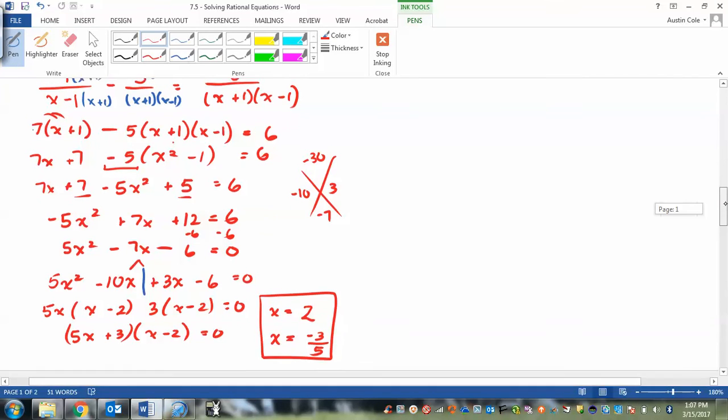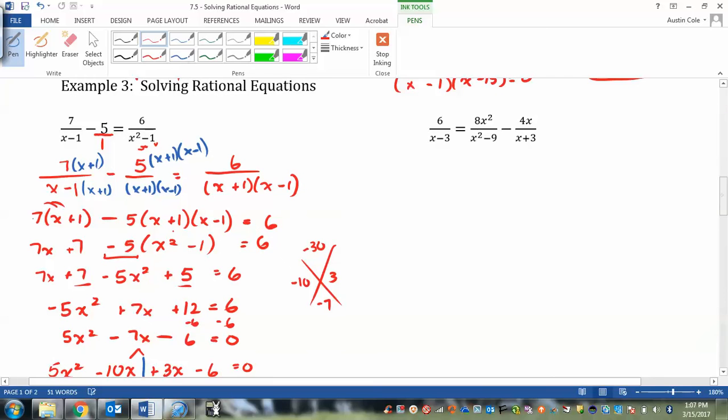Okay, we need to do this last one. X squared minus 9, what does that factor to?